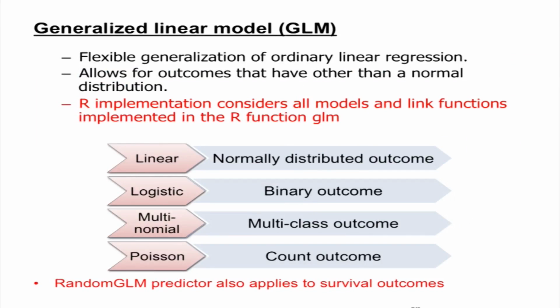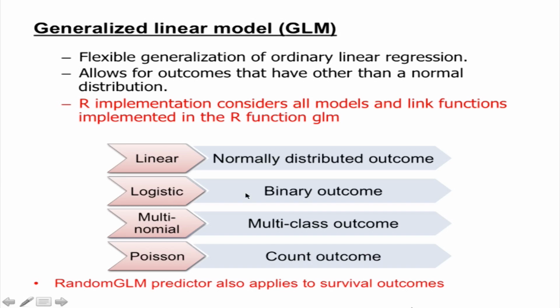Let me review very briefly what is meant by a generalized linear model. Of course, all of you know linear models, right? Often you assume a normally distributed outcome like a Gaussian, and then you have a simple regression model. Many of you also know logistic regression, where you have a binary outcome.